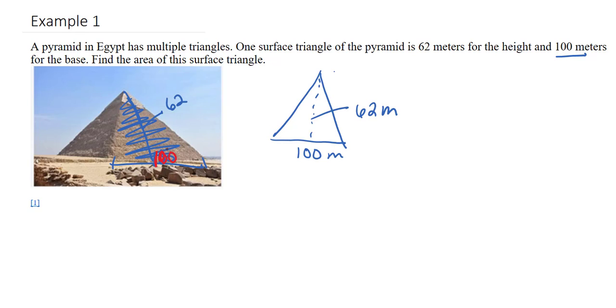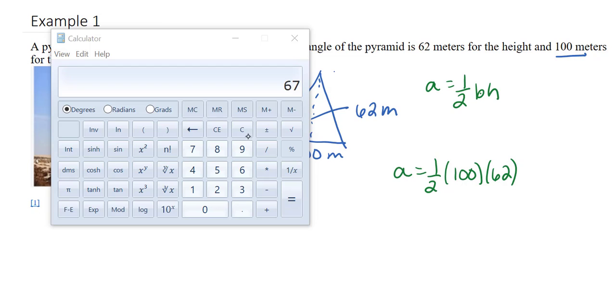Now let's use our formula. Area equals 1/2 base times the height. If our base is 100, we put that in parentheses, and our height is 62. Let's get the calculator out. We really can just multiply what's on the top: 1 times 100 times 62 is 6,200.